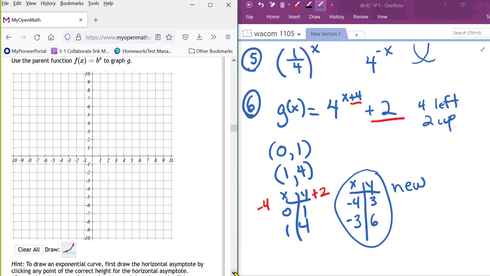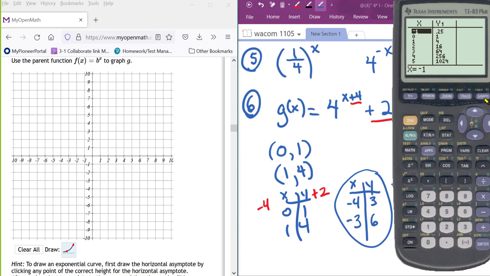So, the other thing I wanted to show you here is it's going to make you put your horizontal asymptote on here. And on the calculator, remember we did asymptotes in that 4.5 chapter.